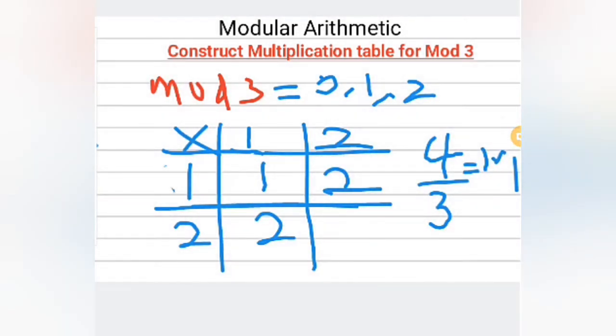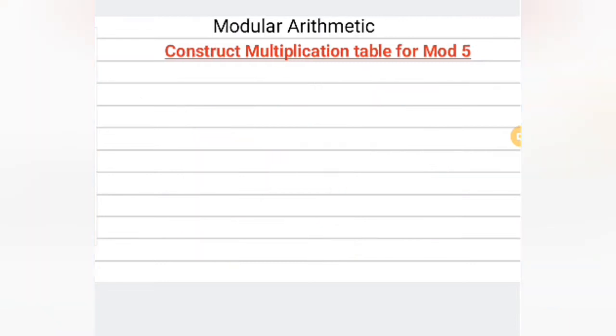So in this case, we are interested in the remainder, which is 1. So here, in this place, you are writing the remainder. You are putting the remainder here, so you have 1. This is the multiplication table for modulus 3.